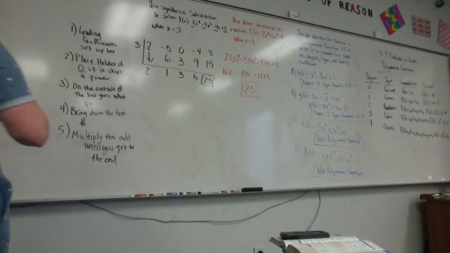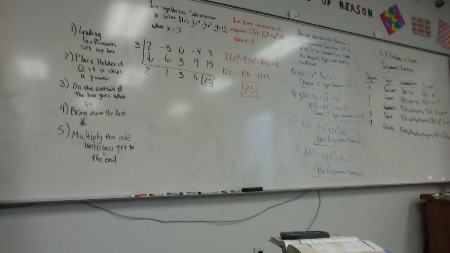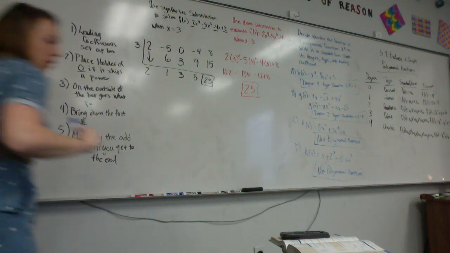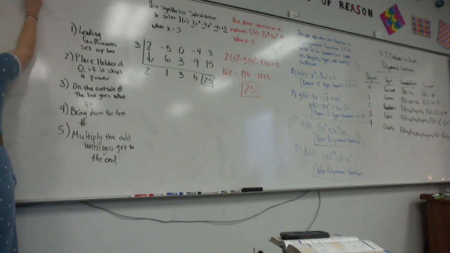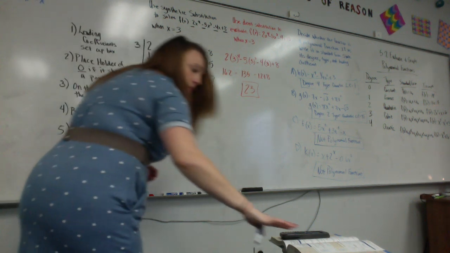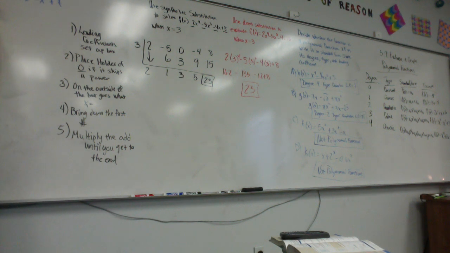Let's practice one more synthetic. That's cool. For f of x equals 5x cubed plus 3x squared minus x plus 7, and x is going to equal 2.